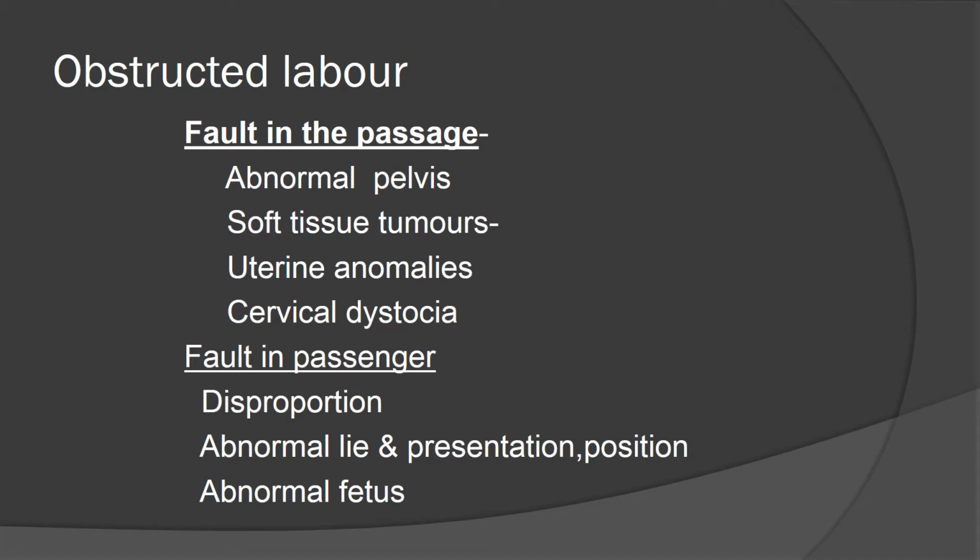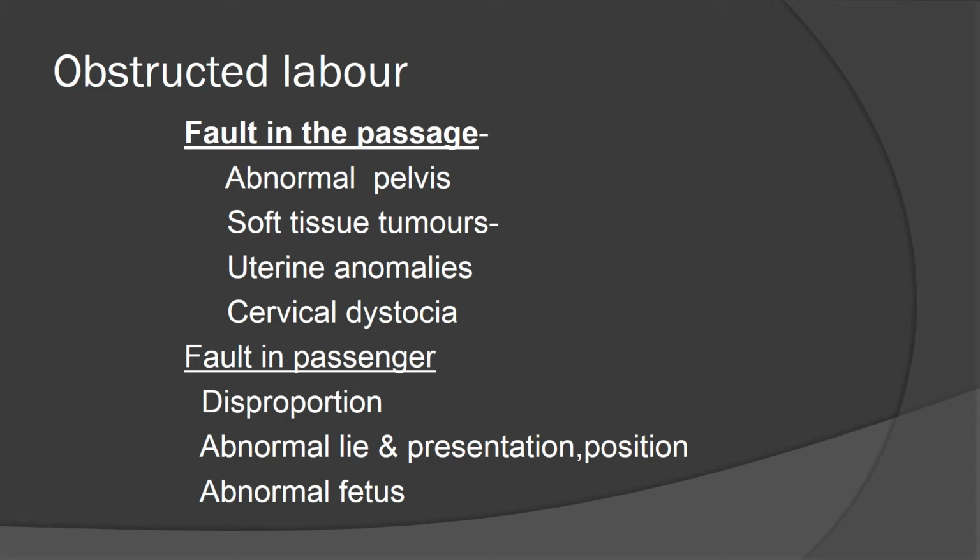Even if it is a normal baby, abnormal presentations like brow, face, or abnormal position like occipito-posterior of the vertex or the mento-posterior position can result in obstruction. Abnormal lie like a transverse lie, of course, is an impediment and will cause mechanical obstruction to delivery.